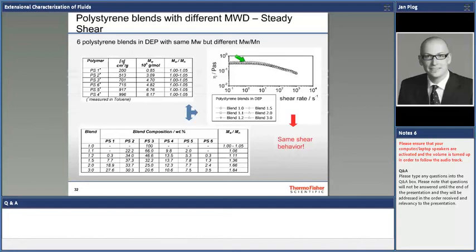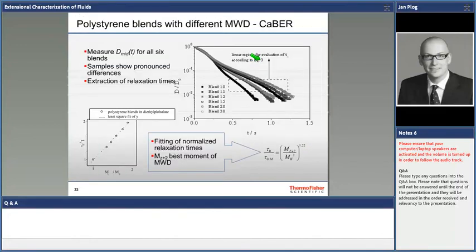So not just the zero shear viscosity, but also the transition from linear Newtonian to nonlinear non-Newtonian behavior is given just by the weight average molecular weight. How sharp this transition is might tell you something about the width of the distribution via the B parameter in the Carreau model. However, it is not very sensitive to small differences.